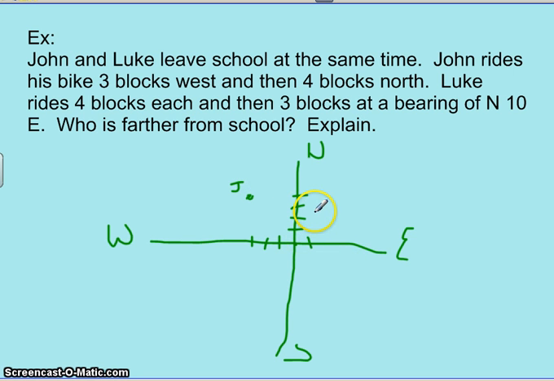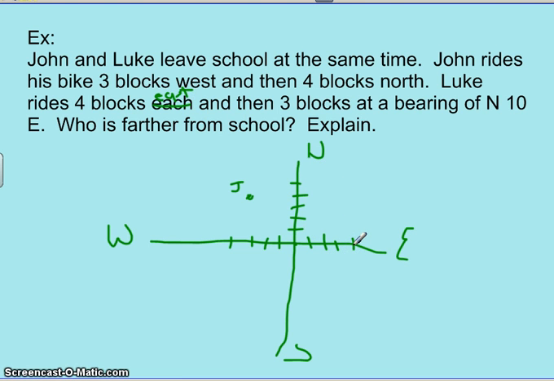Alright, and then let's see, on Luke, he goes 4 blocks each, and then 3 blocks. So let's see, 4 blocks, and then 4 blocks. Oh, that should probably be east, I'm guessing. Yeah, let's change that to east real quick. So 1, 2, 3, 4.